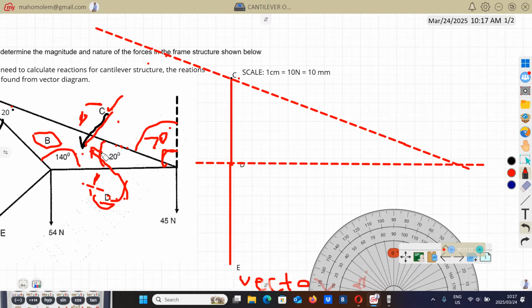Then from D to B, we have a horizontal line. Then we draw a line parallel to this horizontal line with this one. And then where these two lines meet will be point B. So this point there is going to be B. Good.